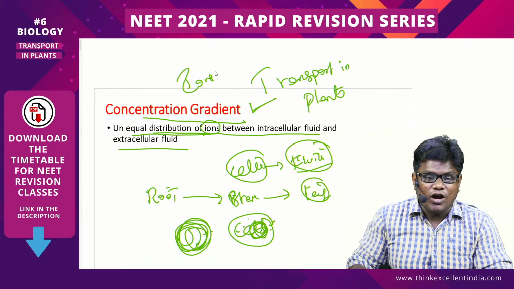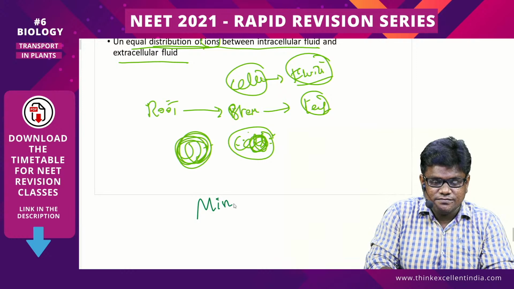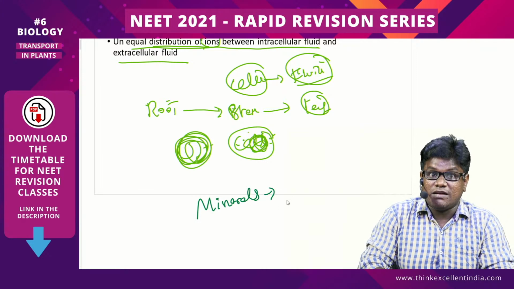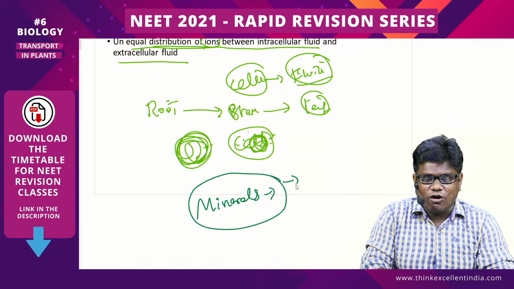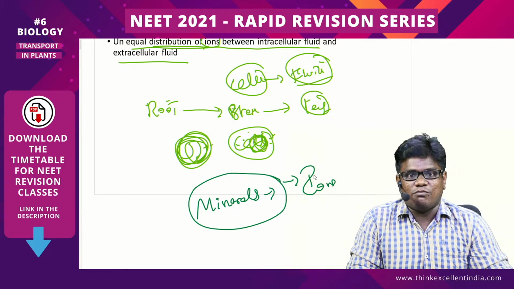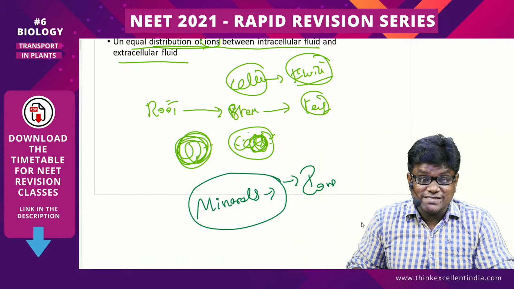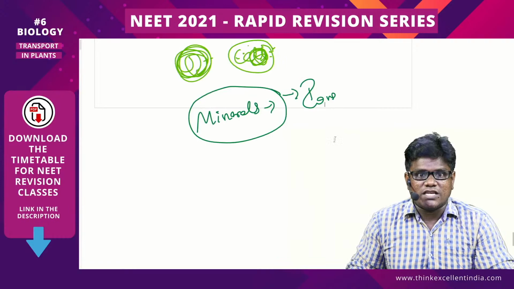What is the meaning of ions? Ions are nothing but minerals, because minerals are converted into ions when they are taken into the root system of the plants, when they are absorbed by the root system. Okay, so this is the basic information you should know when you talk about transport in plants.